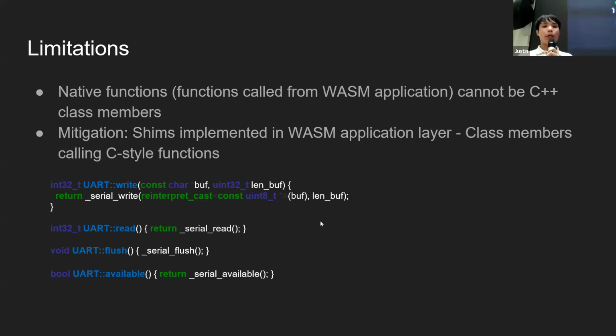So my application layer has my nice C++ classes, but I have just pretty poorly written C shims that call the underlying functions. So this _serial_write is the actual native function passed to the WASM runtime, but everything here in this slide is part of my WASM application. So I have just a little bit of overhead for calling each function, but I don't have the underlying actual serial comms passing through the WASM stuff.